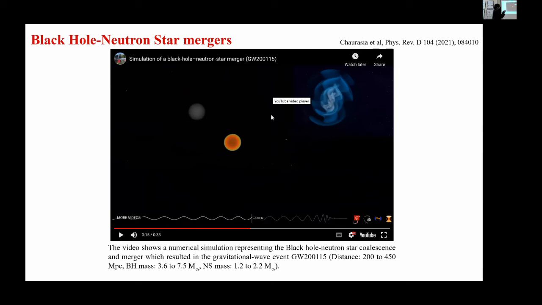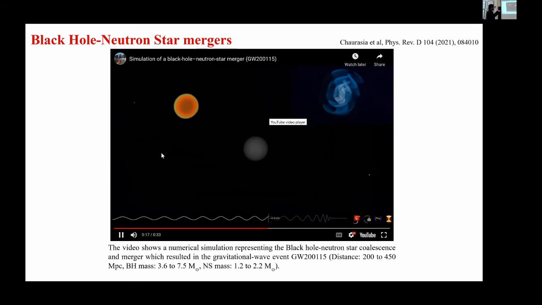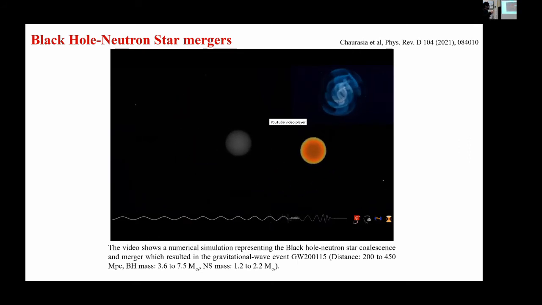In this movie, the blue is the gravitational wave emission, and the neutron star goes from light yellow to orange, increasing in density. And as the system evolves, it emits these gravitational waves.